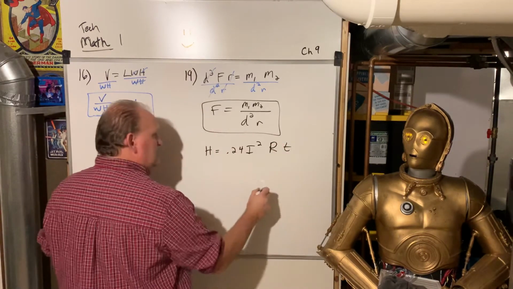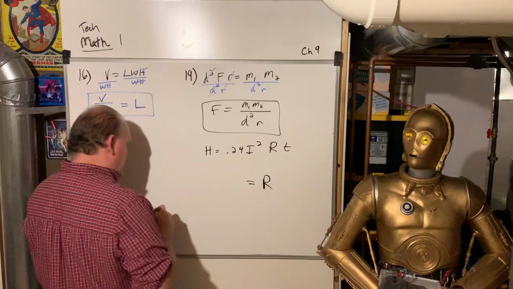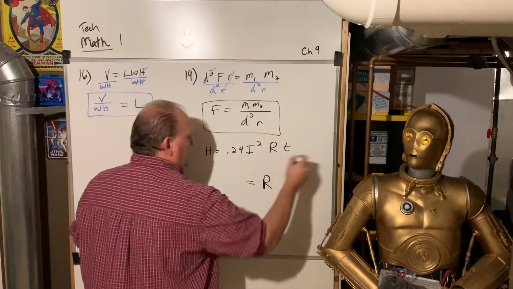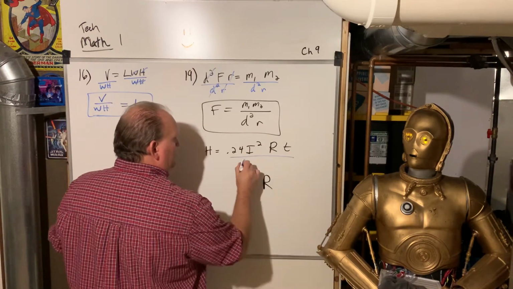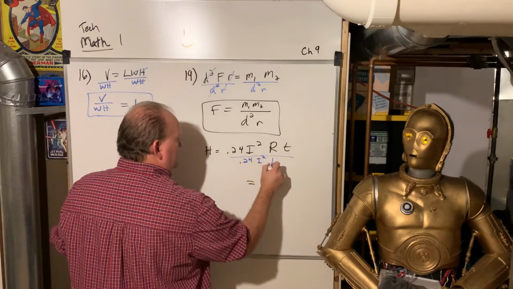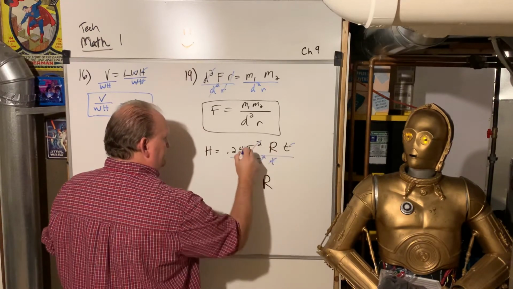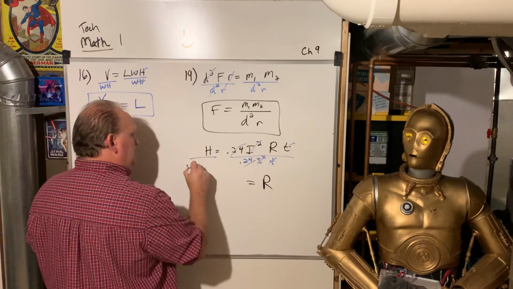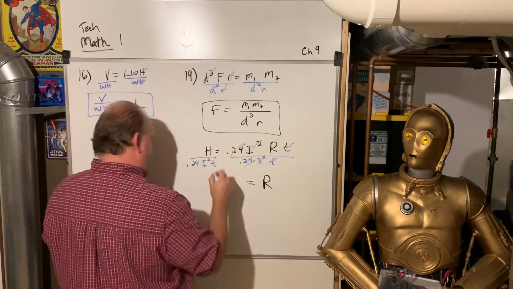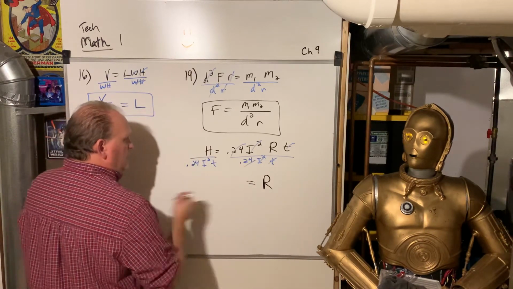There you go. So they want me to solve for R. So that means, again, we just divide away anything that's not R. 0.24 I squared T. And we're done.